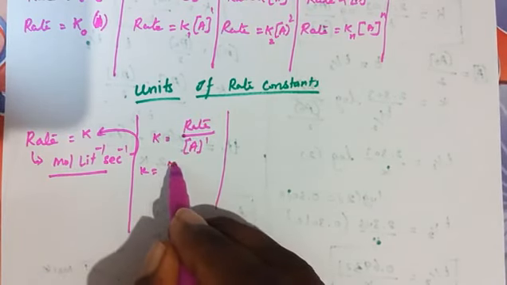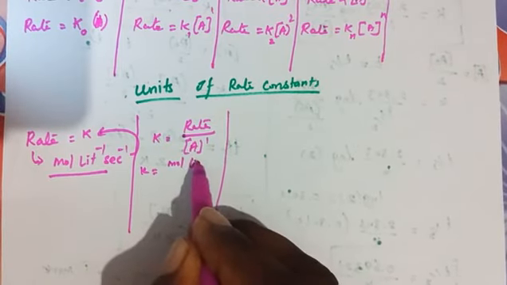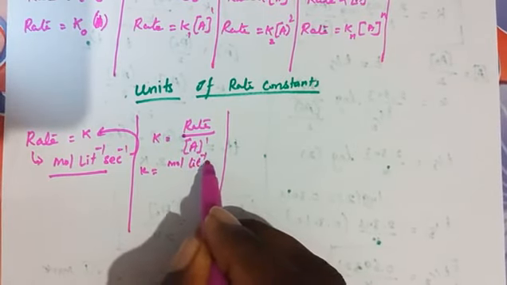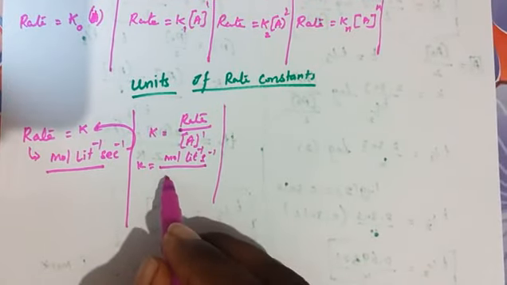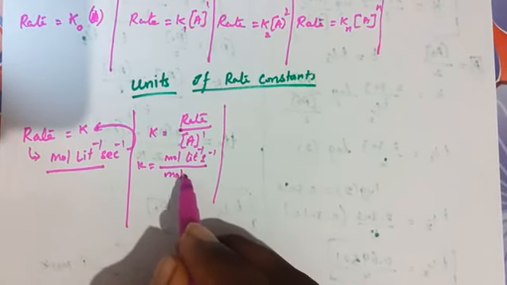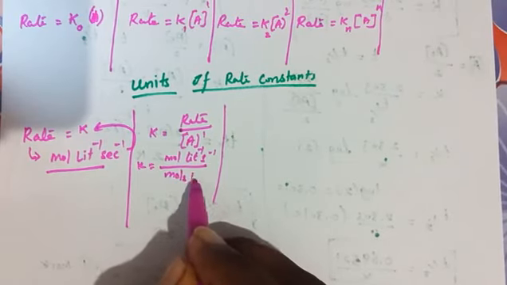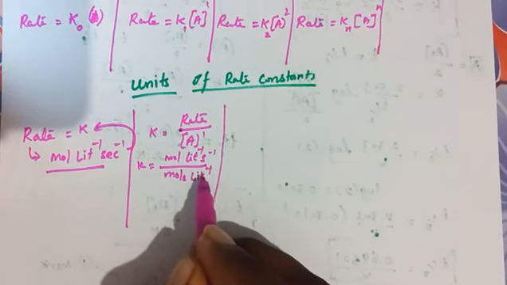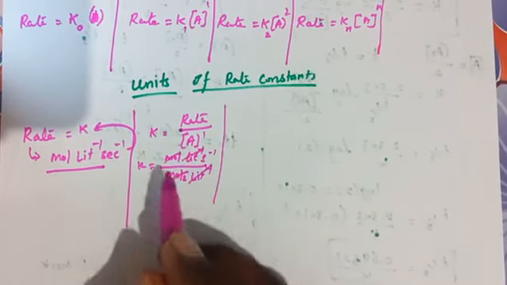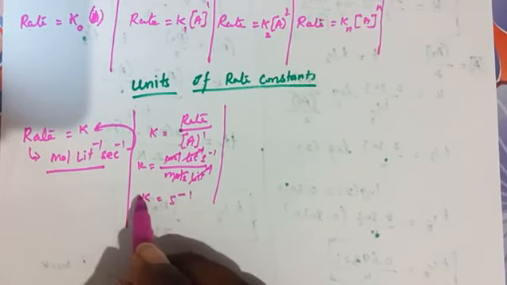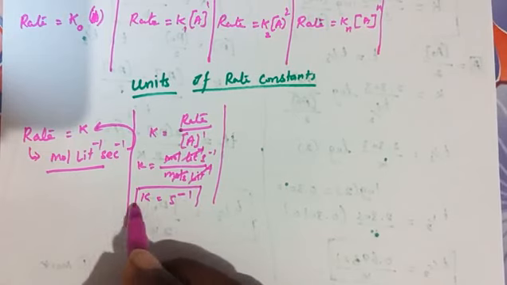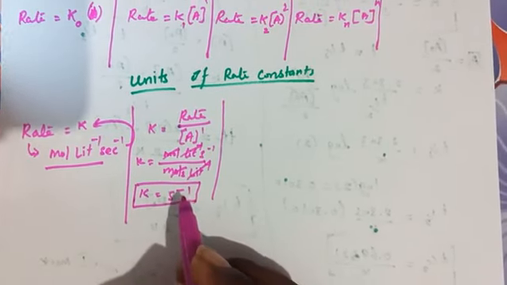Substituting this value, mole liter inverse second inverse divided by concentration, which is measured in moles per liter or liter inverse. Cancelling these two, finally we get second inverse as the unit of rate constant for first order reaction.